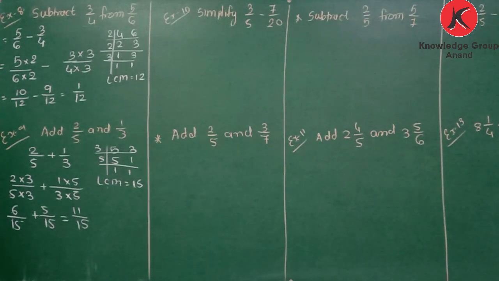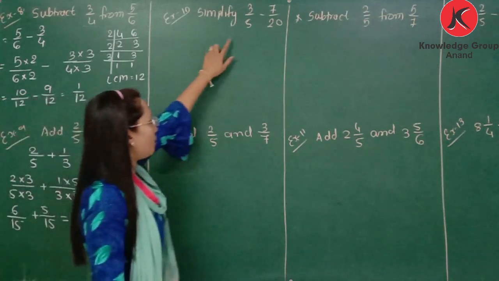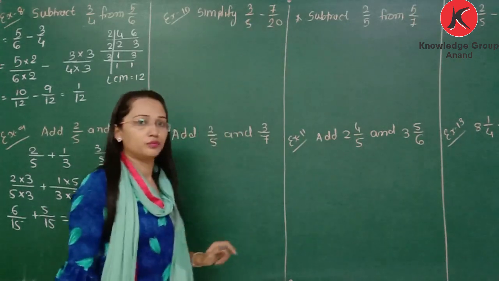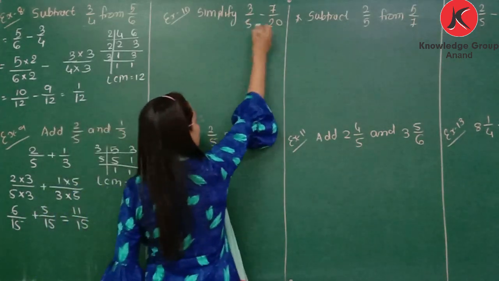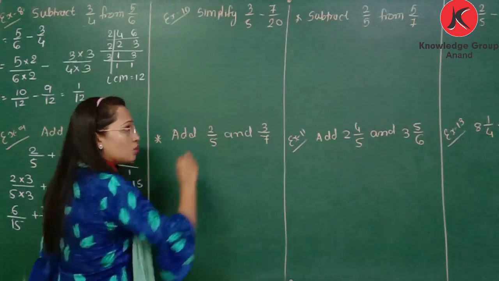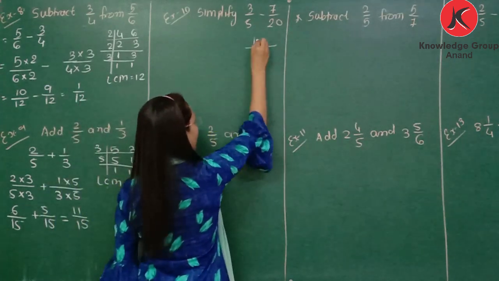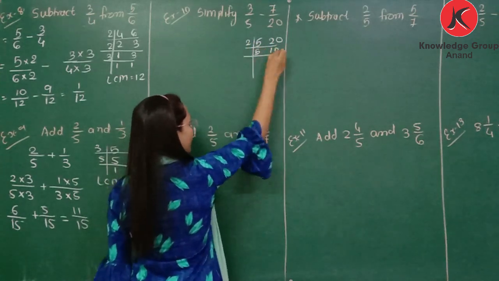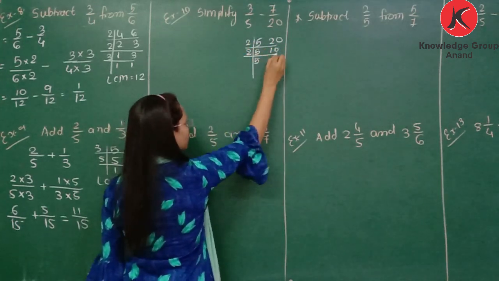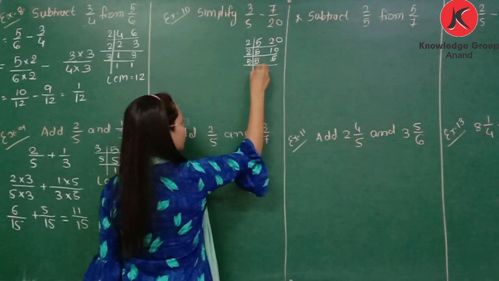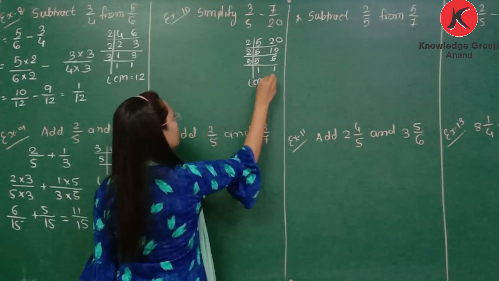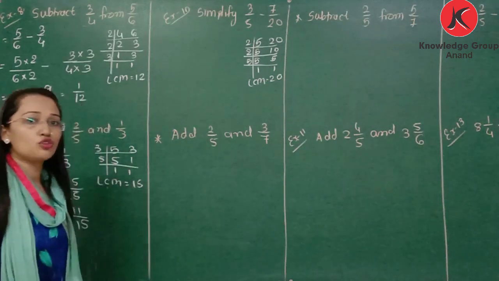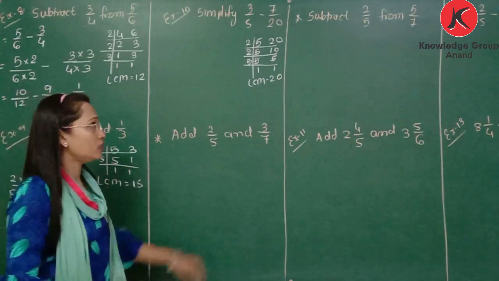Clear? Now next one, simplify 3 by 5 minus 7 by 20. So here you can see the denominators are different. So first of all make the denominators the same by LCM. So here the LCM will be 20. We need to make the denominator 20 in each.